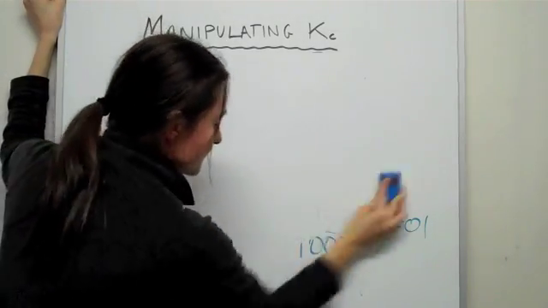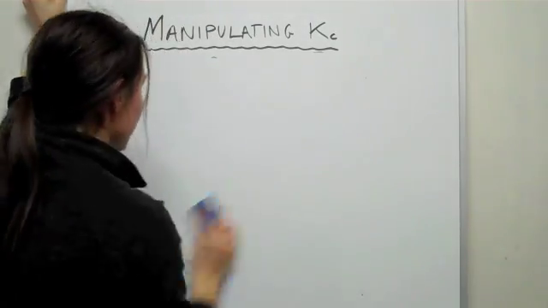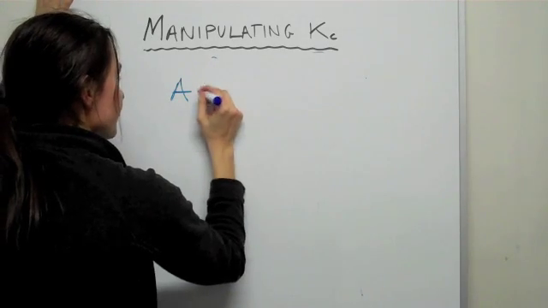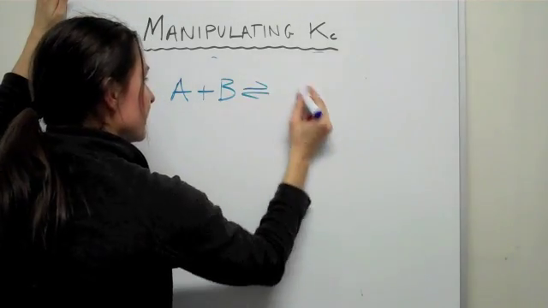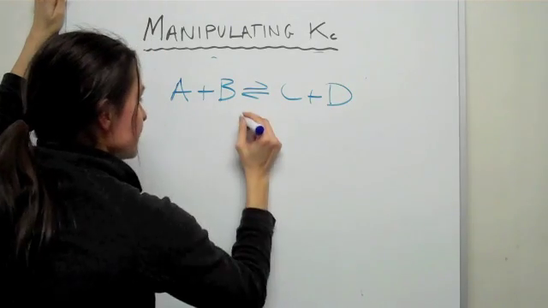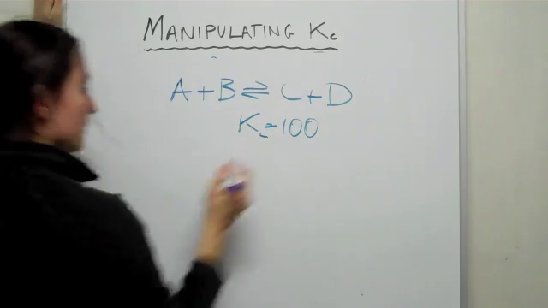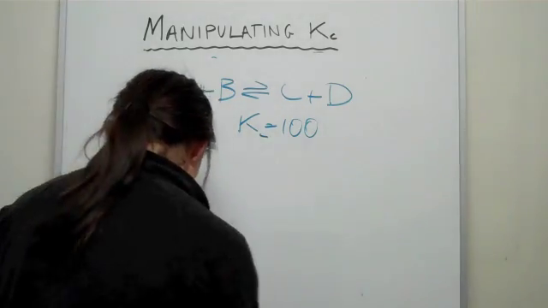What happens when we put a number in front of everything in our trustworthy equation again? We've got a K value of 100, as before.